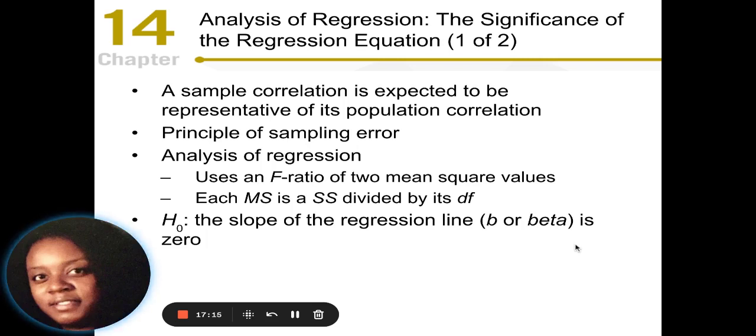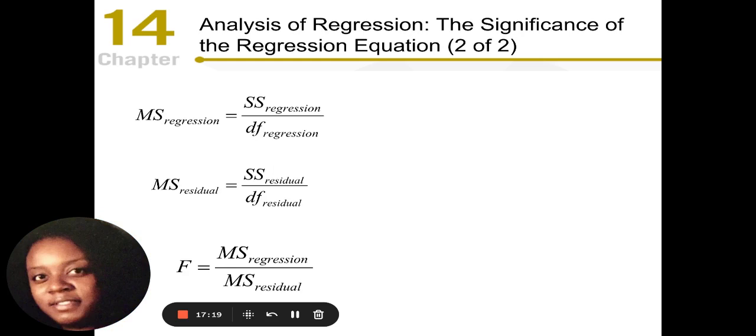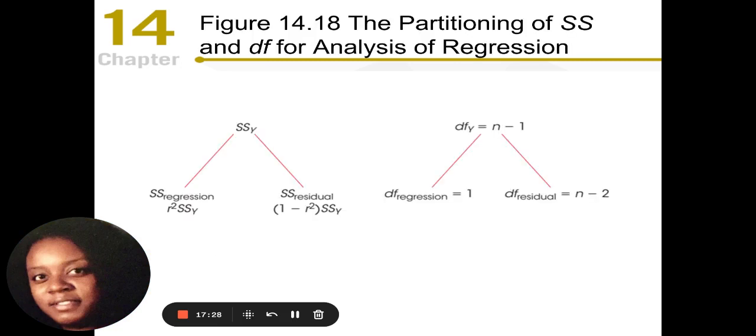It will show us that the null hypothesis is that the slope of the regression line is 0. And we've got some formulas to indicate the significance of the regression equation. And in figure 14.18, we have the partitioning of SS and df for the analysis of regression.